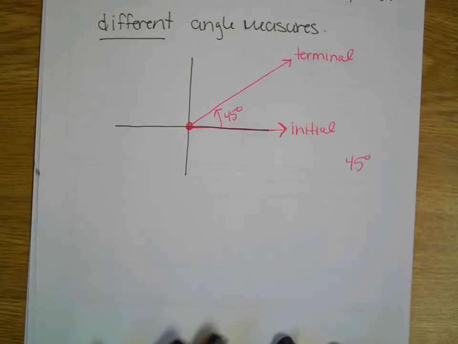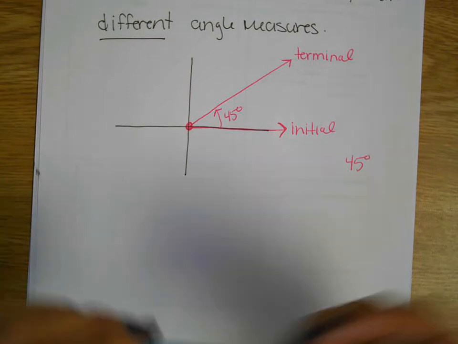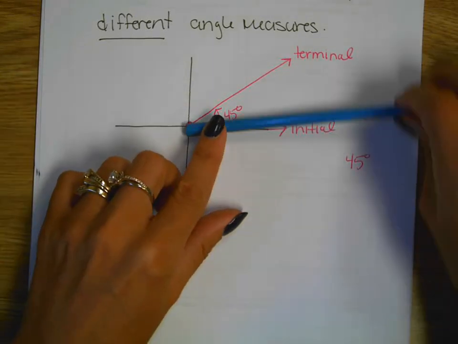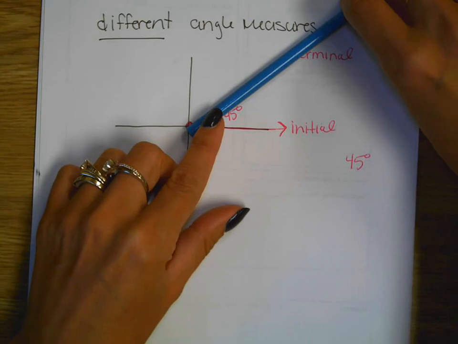Now I want at least 3 more angles coterminal to that. How do I find those angles? How can I create another angle that starts here and ends up stopping here, but it has a different measure?